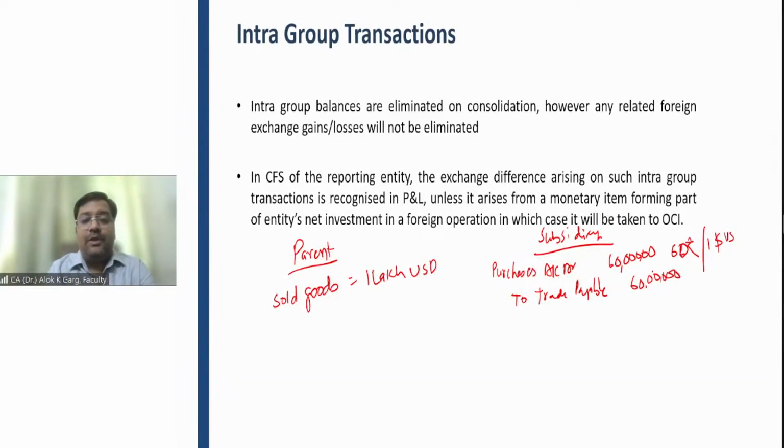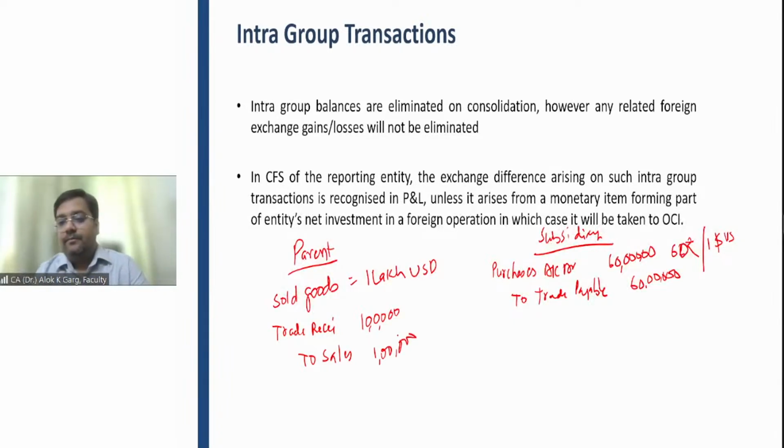And this parent has to put an entry: trade receivable, debtor account debit, to sales account, 1 lakh, because its functional currency is dollar only. Okay. Is that clear? Is that clear?